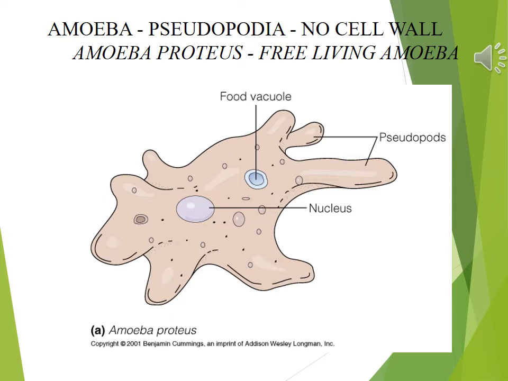Example of amoeba is your Amoeba proteus, which has an average length of 220 to 470 microns while in motion, making it a giant among amoeboids.